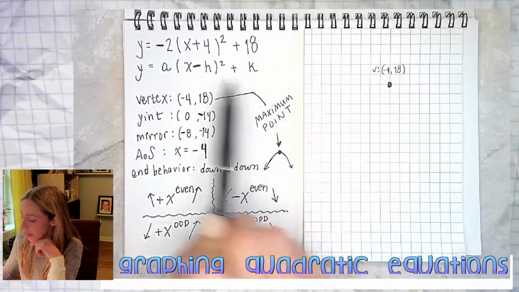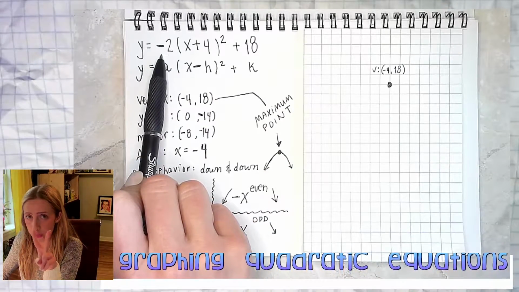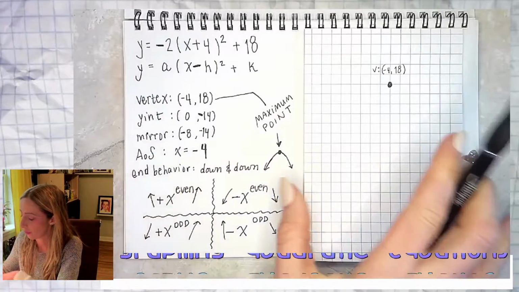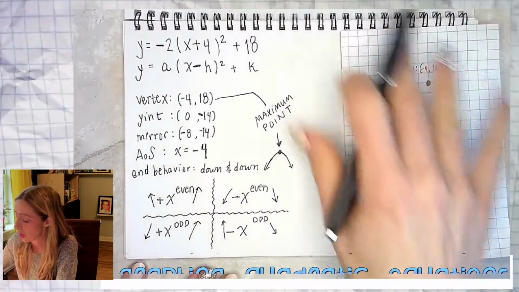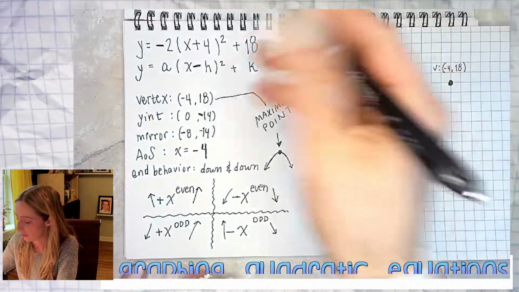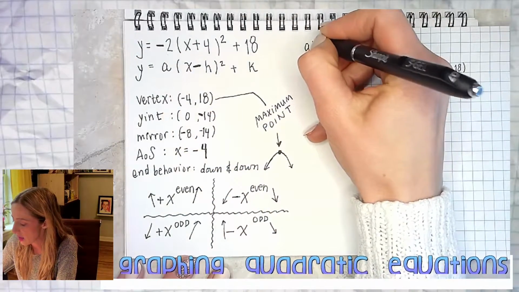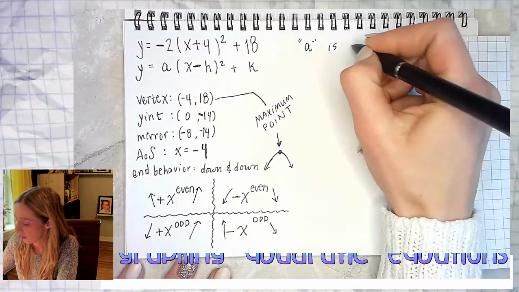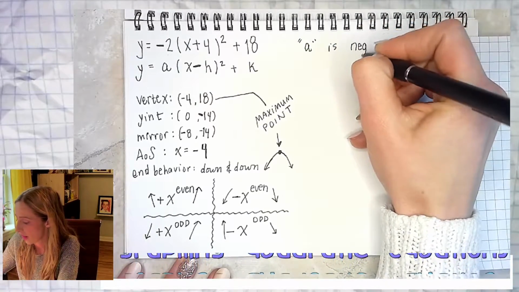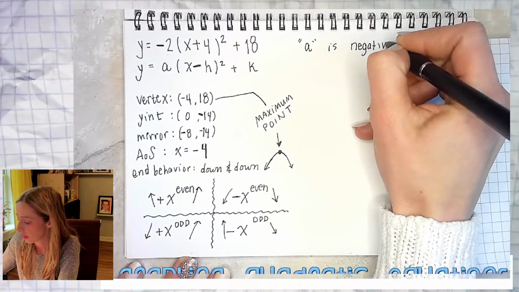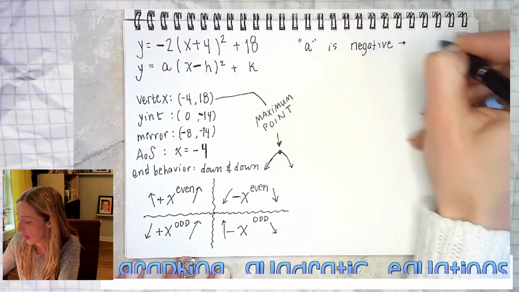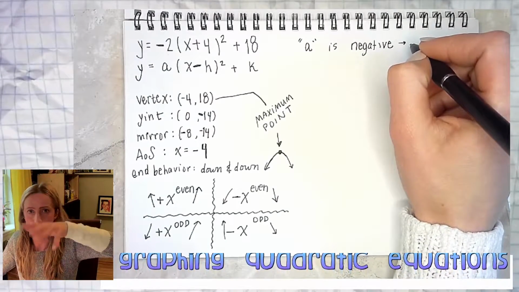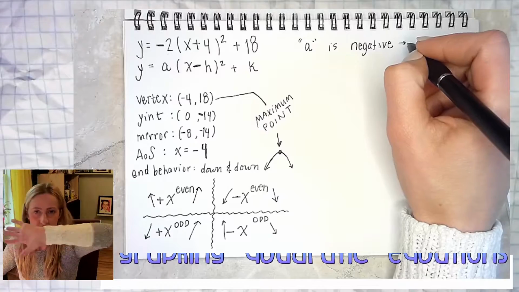However, it's not just negative, it's a -2. So I'm going to teach you this extra trick. So the negative, I'm just going to scooch this to the side. When A is negative, we're taking notes, okay? When A is negative, we call that a, what's the word for this direction, up and down, versus the word for this direction?